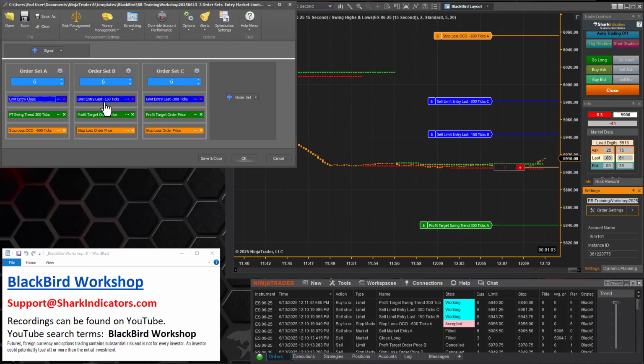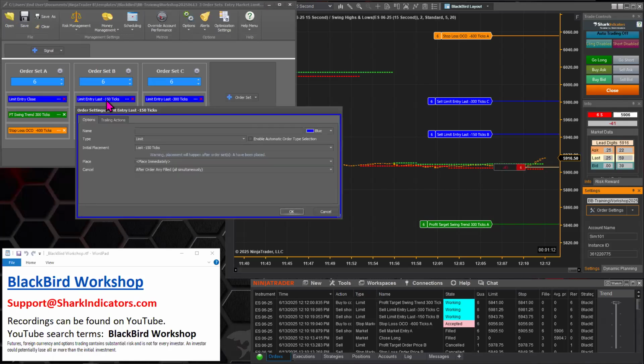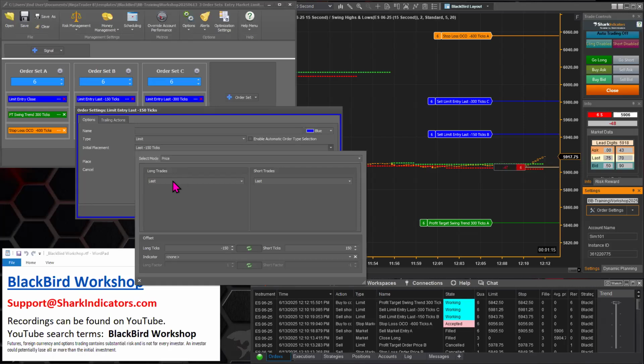And then the other two scale-in contracts. Right, so now we have a known fixed price that we're working from. So for the initial placement of our scale-in orders, instead of using the last price, I can adjust these to the closing price there as well.